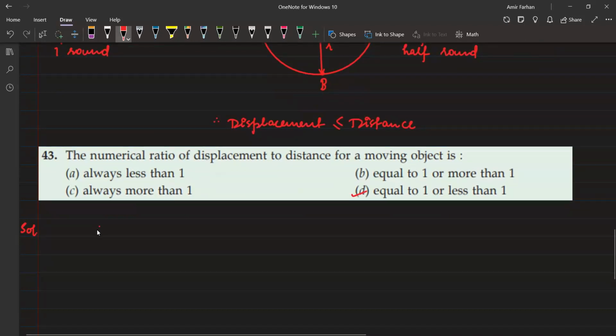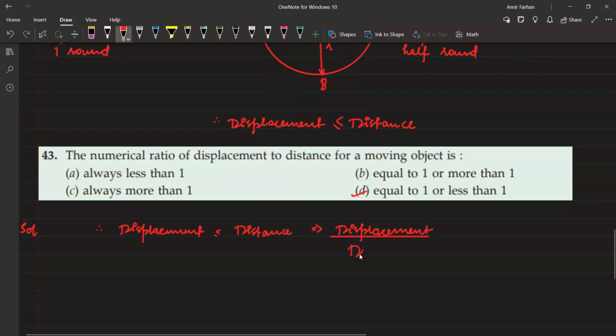Let me solve it here. As I've told you, displacement will be less than or equal to distance. So we can divide both sides by distance. The question is asking displacement to distance, so distance should be in the denominator. That's why I'm dividing displacement by distance.